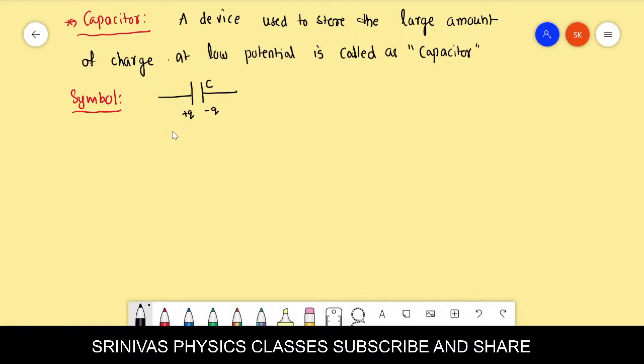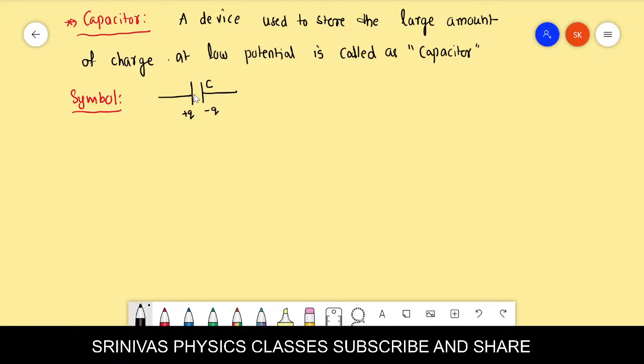For example, we have a container. Okay, we have a bucket to store the water. Then it can store 10-liter capacity, right? 100-liter capacity. We have a drum, a big bucket. It can store 100-liter water. Every object, for example, every container has some capacity. Like that, this capacitor also has the capacity to store the charge.